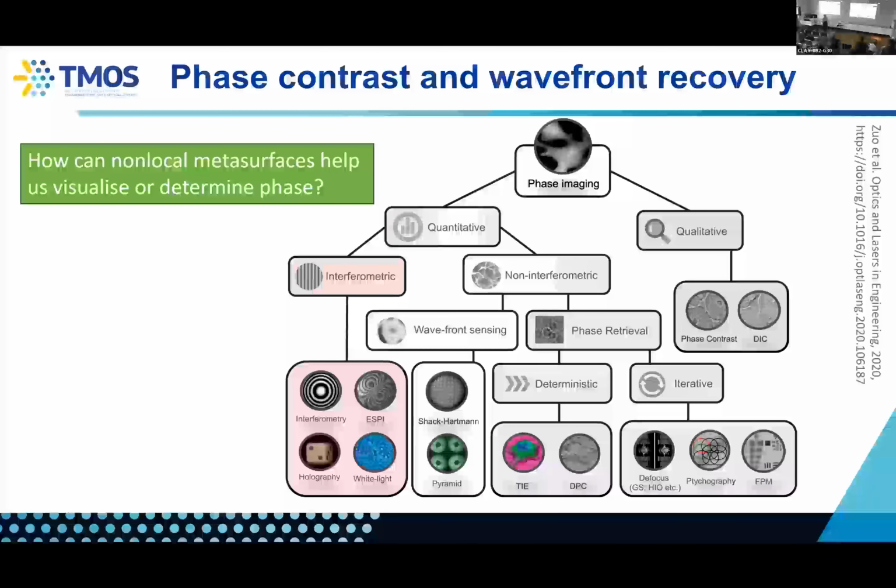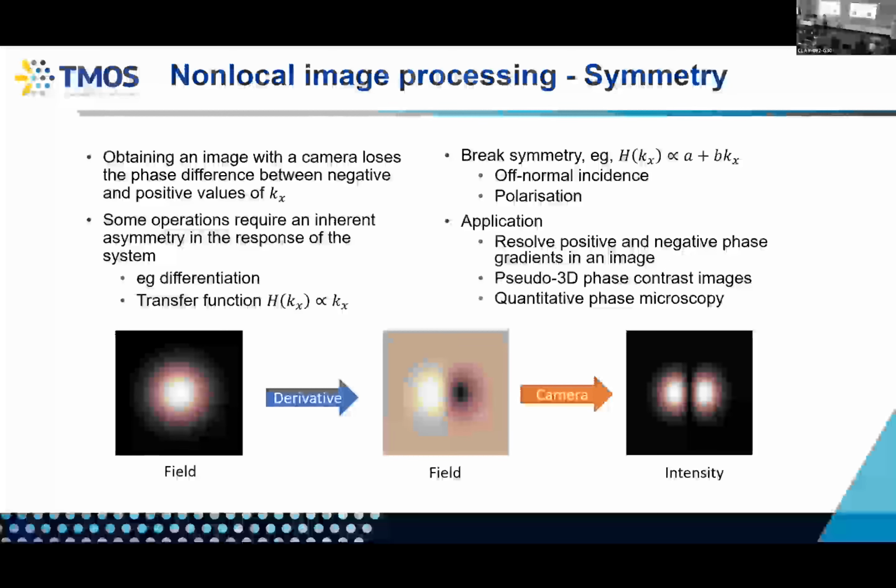Okay, so the question we're looking at here is how can we use non-local metasurfaces to either visualize or even quantify the phase. So the approaches we've been using, firstly, qualitative, we've been interested in actually being able to visualize the phase, but also we've been dipping our toe recently into deterministic phase recovery using metasurfaces.